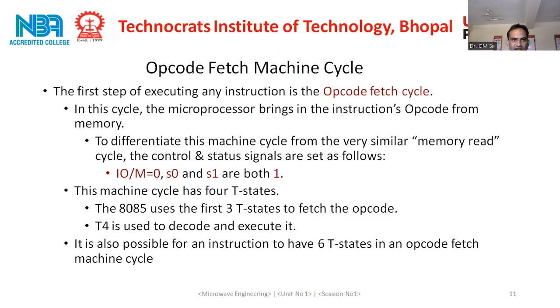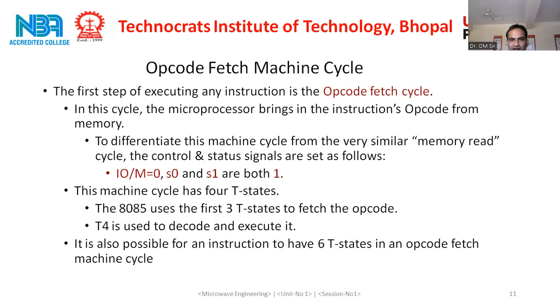Opcode fetch and machine cycle. The first step of execution of any instruction is the opcode fetch cycle. In this cycle, the microprocessor brings in the instruction opcode from the memory. To differentiate this machine cycle from the very similar memory read cycle, the control and status signals are set as follows: input output memory is 0, and S0 and S1 are both 1.